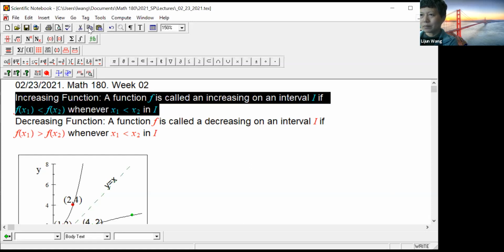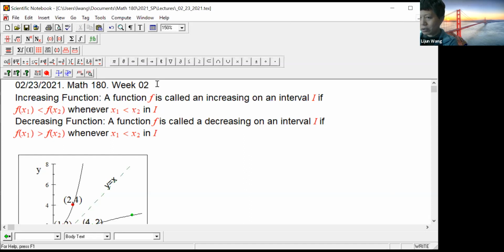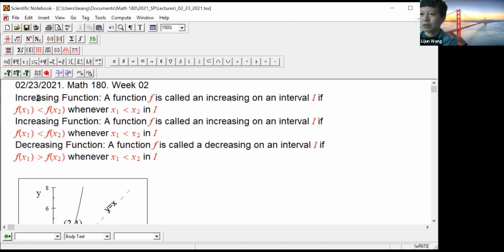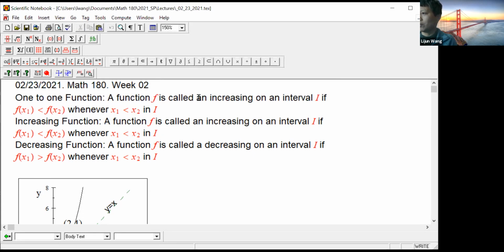What's the definition of one-to-one function? A function is called one-to-one.